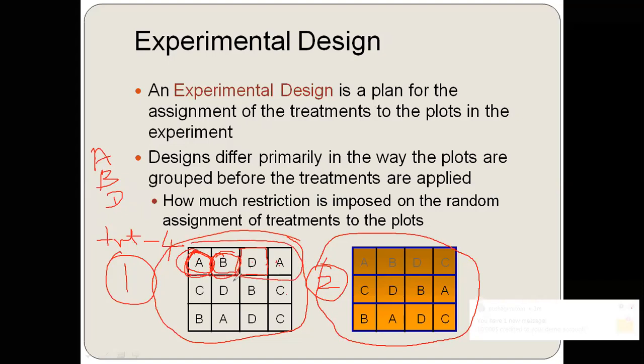In the second row, we have C, D, which we have already found, B and C. Then in the third set, we have B, A, D, C.